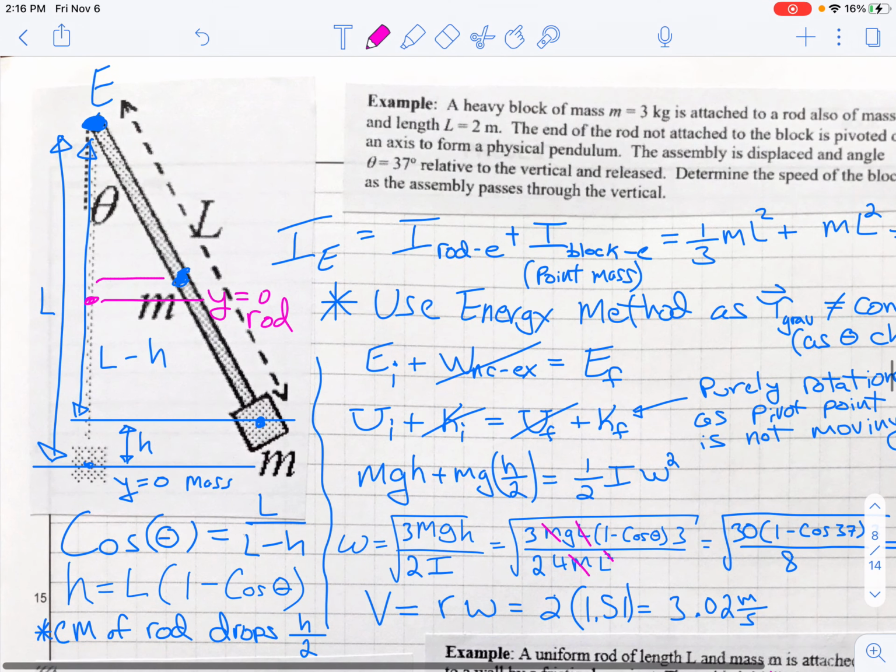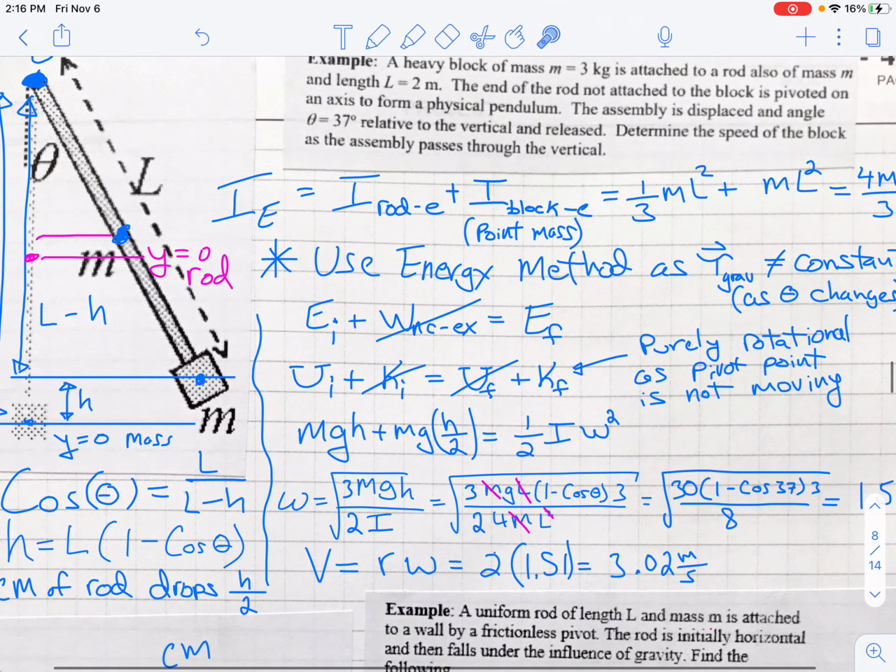So we look at the change in height of each of them. And we've been through this before. You can set up a triangular relationship here. That's height h. This is going to be L minus h because that whole thing is L. And then use a trig relationship here, you use cosine. And the center of mass of the rod, which is halfway up, drops half the distance as the bottom does.